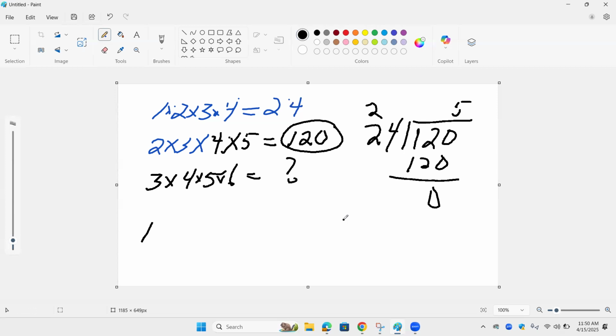Well, let's go way out there. Let's go 11, 12, 13, 14.